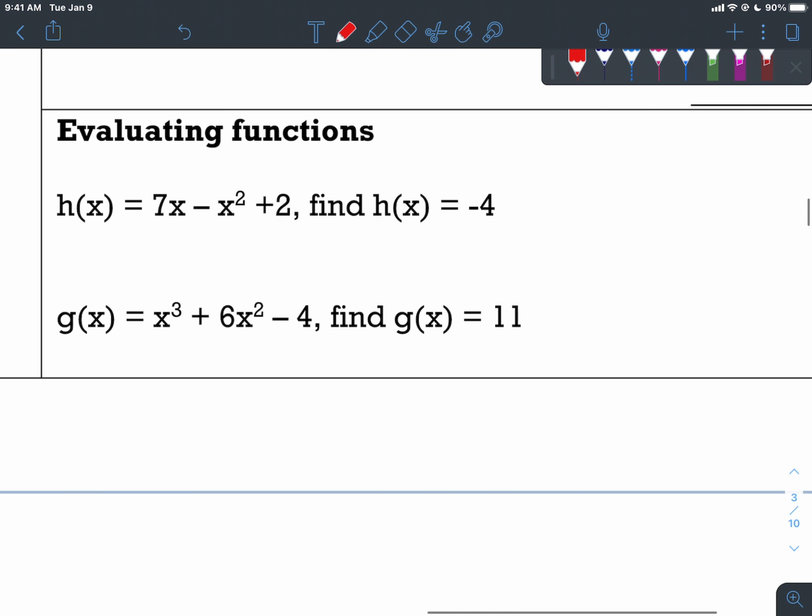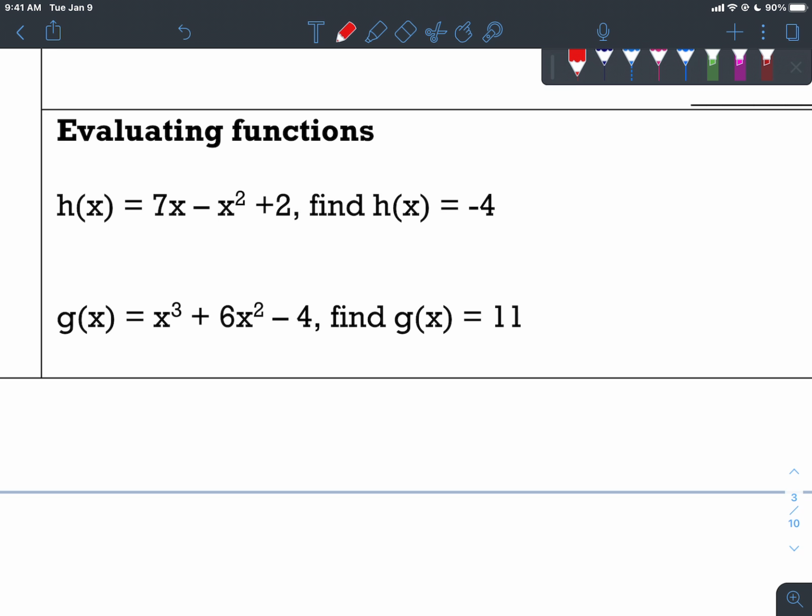All right, so evaluating functions. So for these, there's two different ways that they can have this. They can ask you something like h of x equals -4, or they can say, what is h of -4?